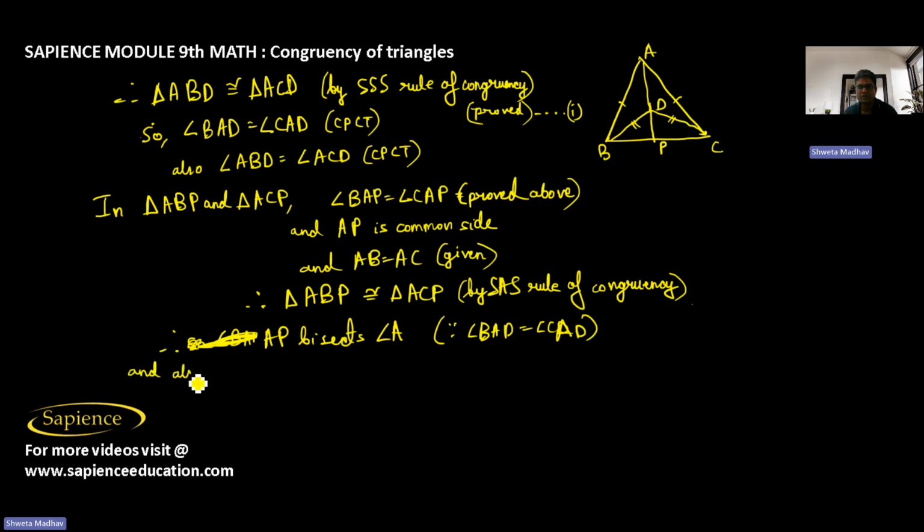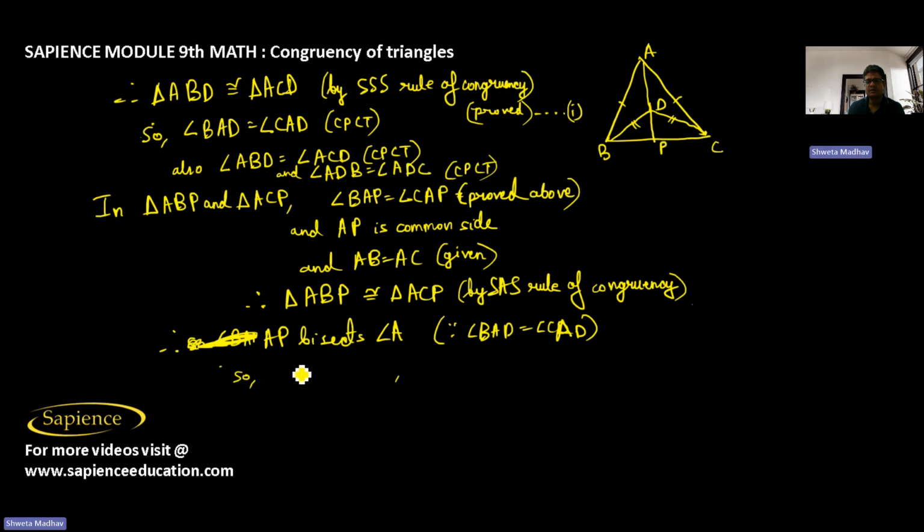And also we can say in triangle BDP and triangle CDP, you can see that angle ADB will be equal to angle ADC by CPCT.